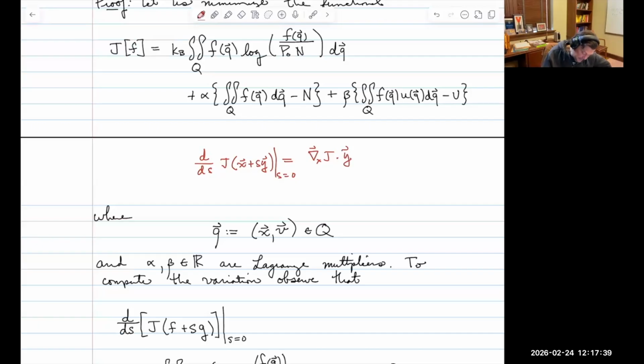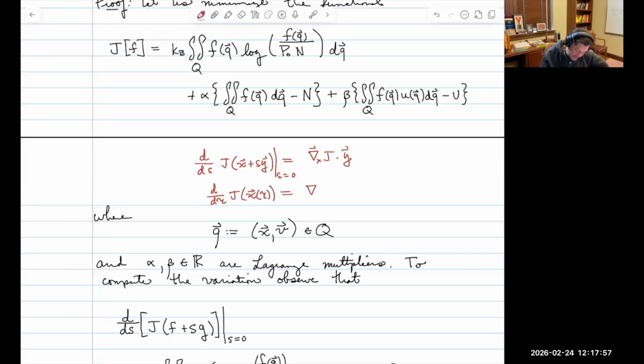And if I take a derivative with respect to a parameter tau of J, which is a function of x, which is itself a function of tau, what does this work out to be?